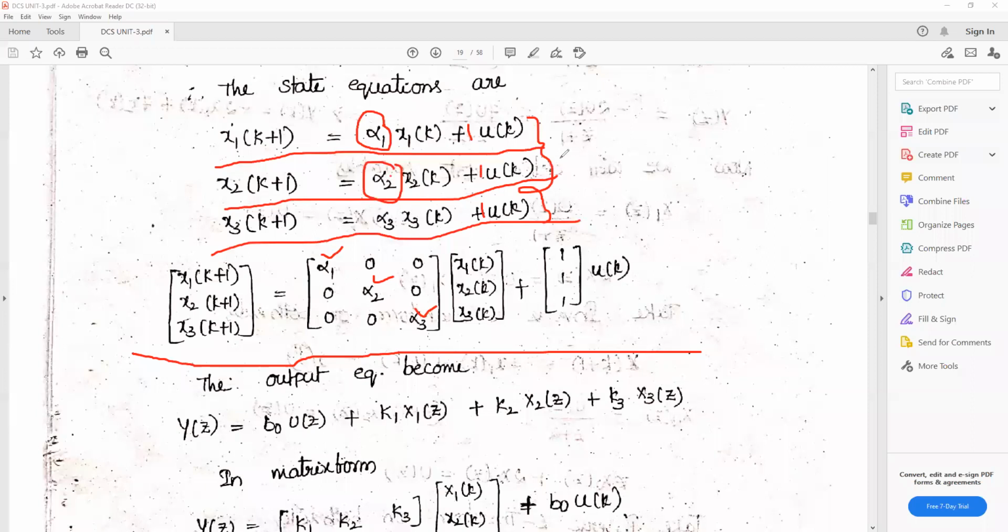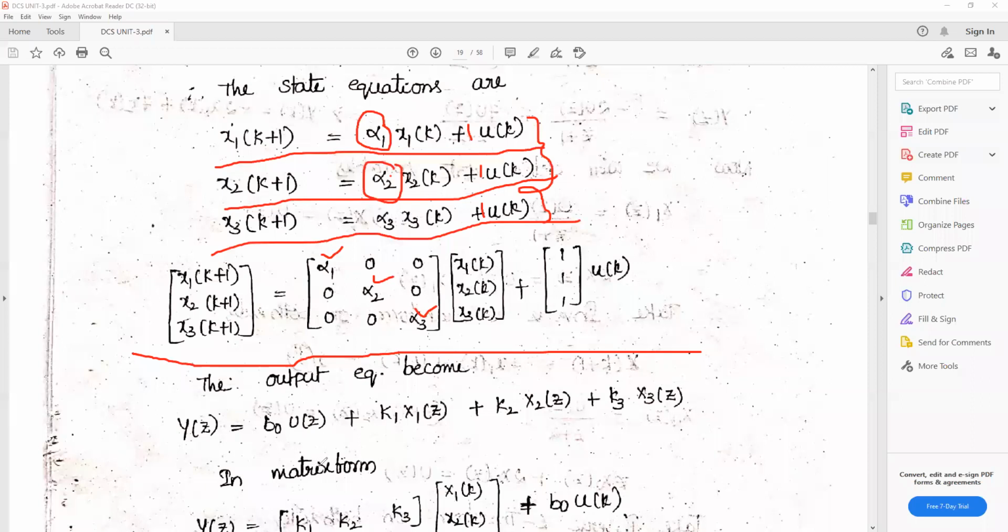A by z plus 1, b by z plus 2. Take LCM in the denominator: z plus 1 into z plus 2. There are 2 roots in the denominator; z plus 1 is one root and z plus 2 is another root.